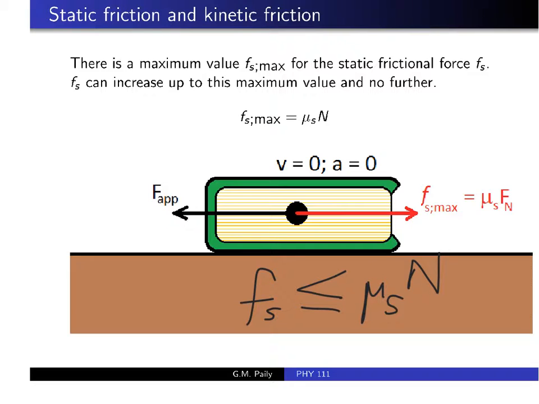This reminds us that the static frictional force is adjustable. It has an upper limit, which is given by mu s times n, but its actual value can be anything less than that.